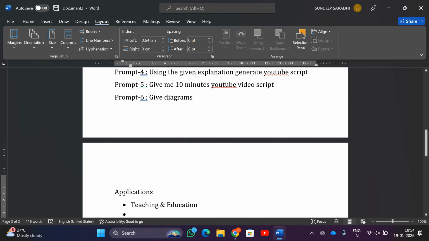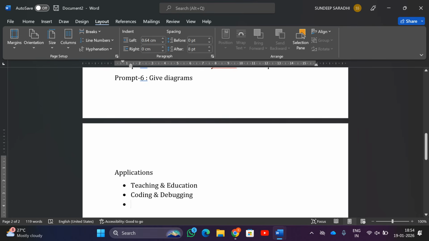And the next one, coding and debugging. This is very important. So in order to write the code, in order to optimize the code, we can use this kind of prompt chaining. And research and summarization. So for the research scholars who are doing their research work, they can give the complete research papers and they can summarize the content.